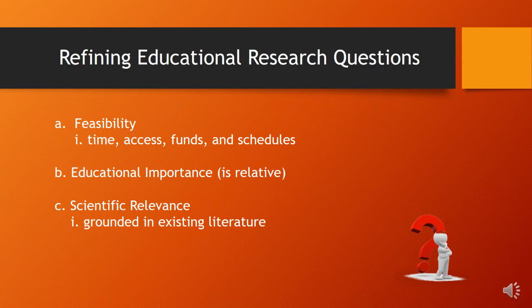Scientific relevance. Every research question should be grounded in the educational research literature. First, turn to the educational literature to find out what already has been learned about this question. Make sure prior research is relevant about this question. Exploring the educational research literature will tell you a few things. What others have found regarding that question, who has begun to ask good questions, how they have attempted to answer those questions, and what areas they have and haven't explored.